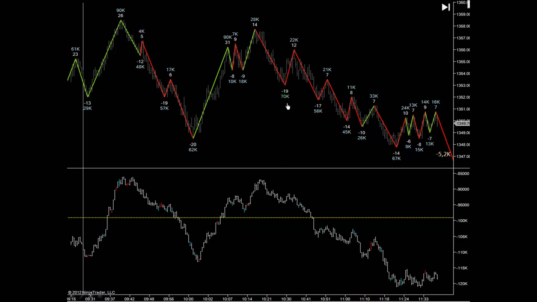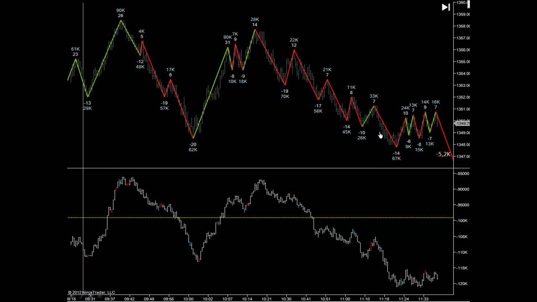So with that leg down, we've got a lot of volume and a lot of ticks. Then it retraces over half that move with a lot less volume, and again, if you look down at the delta, it barely moves. As we move down through the daily low, we can see the downswings with more volume, ticks and delta than the upswings.